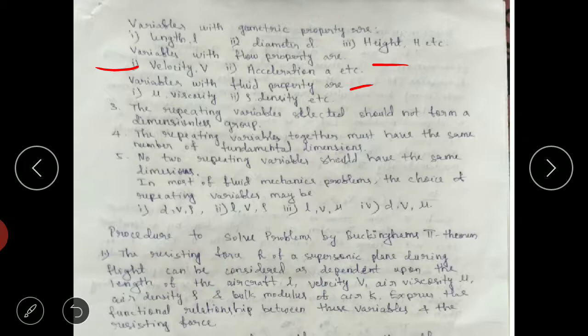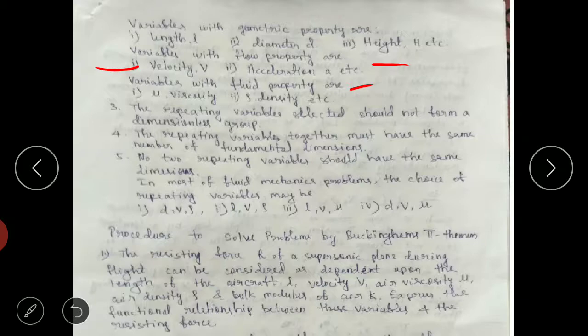In a given problem, all three should be there: geometric property, flow property, and fluid property in the repeating variables. Third point, the repeating variables selected should not form a dimensionless group. This is very important. They should have dimensions.